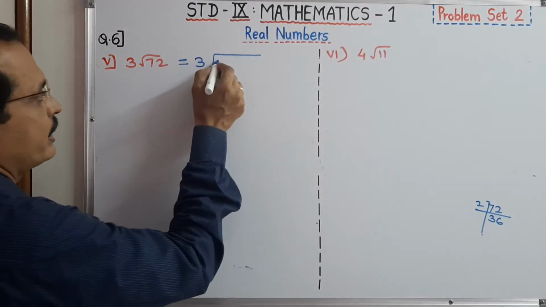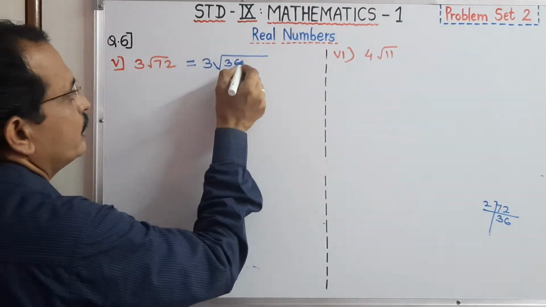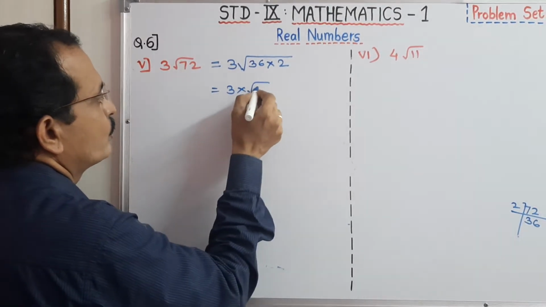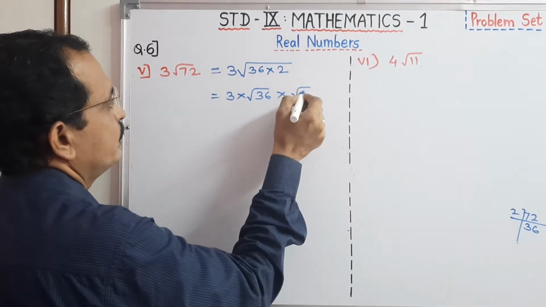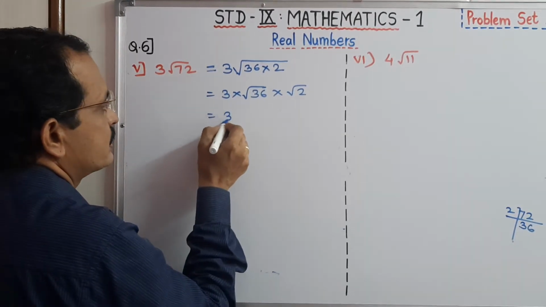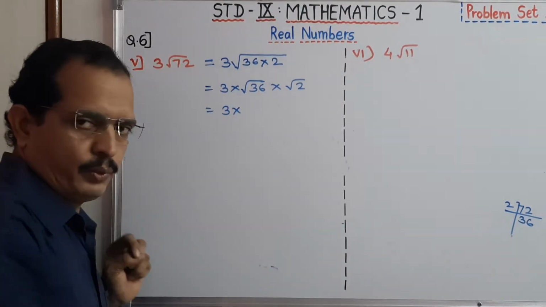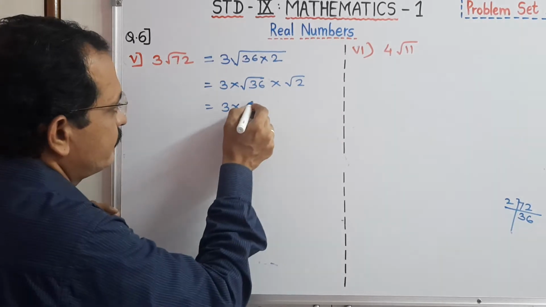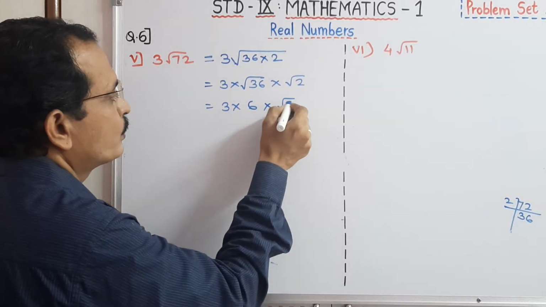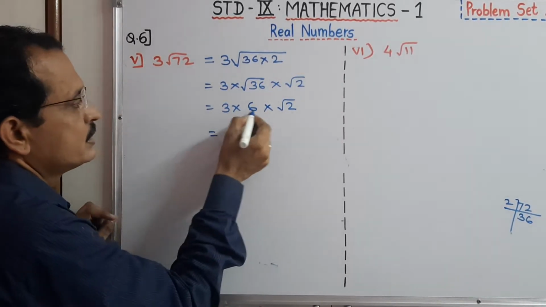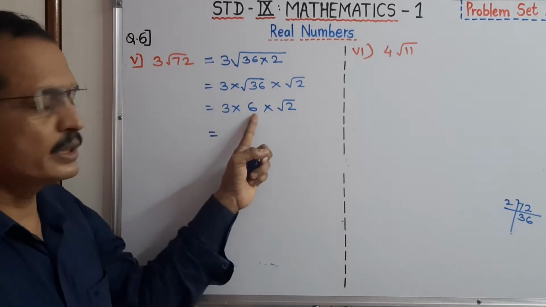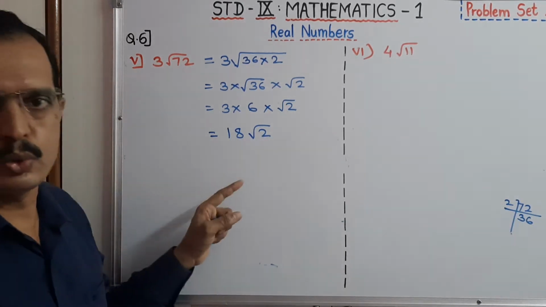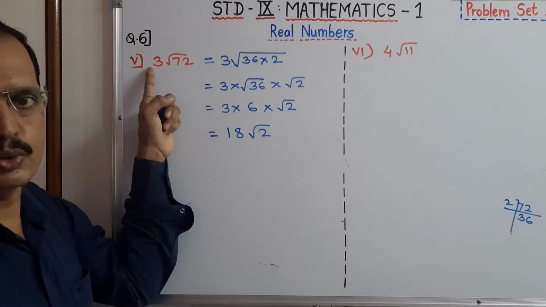Yes, therefore we write here 36 into 2. Now see here 3 into root 36 into root 2. Here it is 3 into square root of 36. How much is it? It is 6. Very good. Into root 2. Now 6 3s are 18 root 2. Now 18 root 2 is the simple form of this 3 root 72.